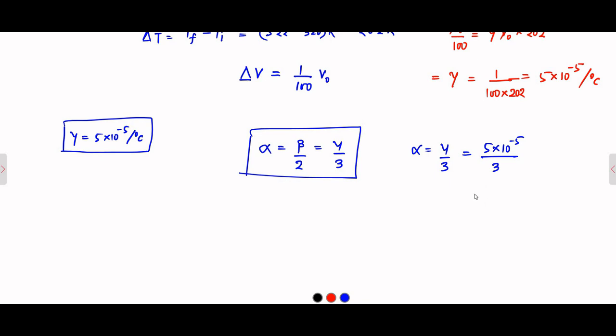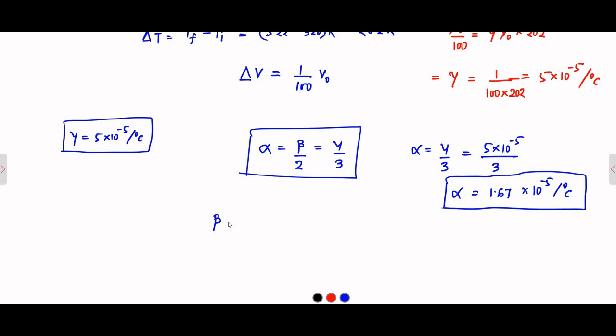So it is coming around 1.67 into 10 to the power minus 5 per degree Celsius, that is the linear expansion coefficient alpha, and then beta is equal to 2 alpha. That implies beta is equal to 2 into 1.67 into 10 to the power minus 5, which will be equal to 3.34 into 10 to the power minus 5 per degree Celsius.